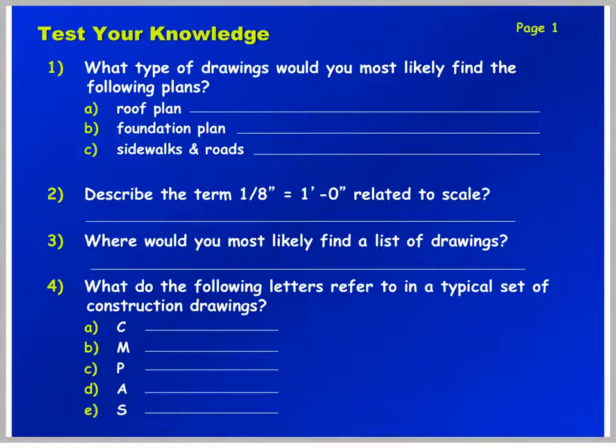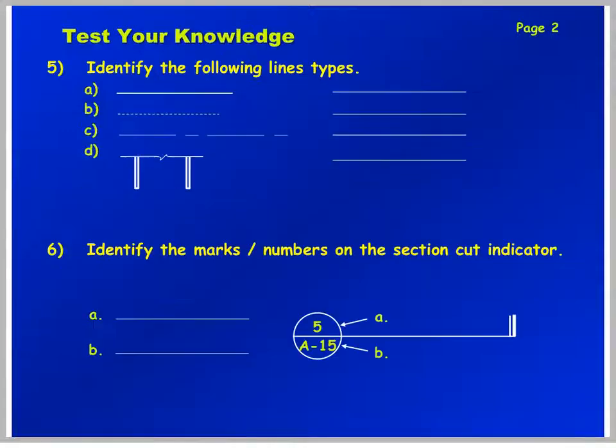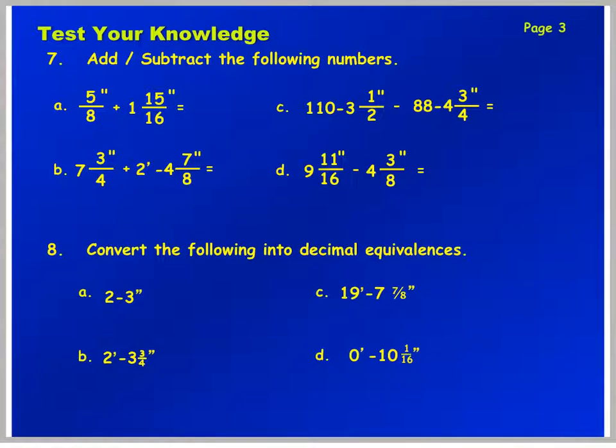Page 1. Numbers 1, 2, 3, and 4. Just answer the questions. Page 2, question 5. Identify the following types of lines. Question 6. Identify the marks, numbers on the section cut indicator. Page 3, question 7.